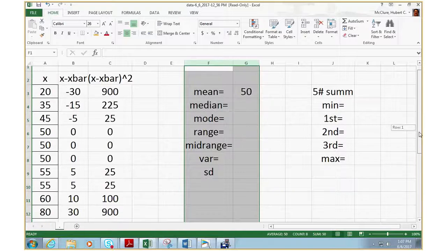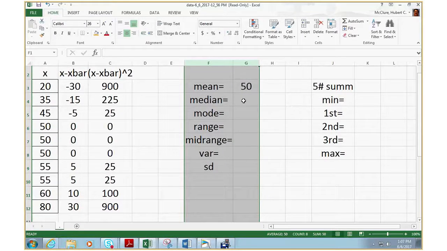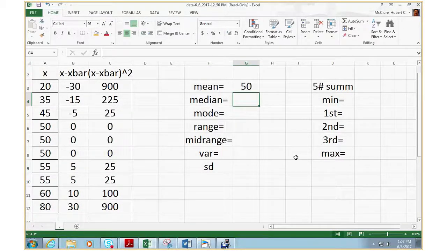Yep. The more miserable you are, the better the class. Good. So, okay, there's 10 numbers. So what does that mean about our median? Do we just find the middle, or do we find the average of the middle? Find the average of the middle, Hubert. That's right, class. So 1, 2, 3, 4. So these two are going to be averaged.